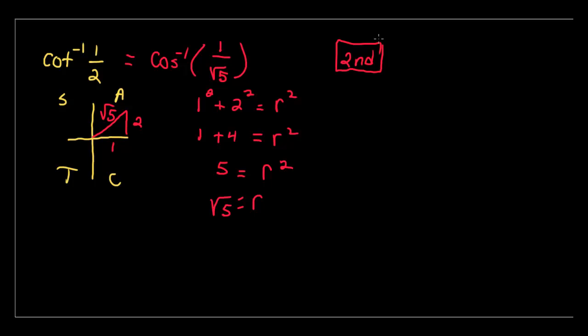Hit the second, cosine, enter 1 over square root of 5, and that gives us approximately 1.11. So the inverse cotangent of 1/2 is equivalent to the inverse cosine of 1 over the square root of 5, which is approximately 1.11.